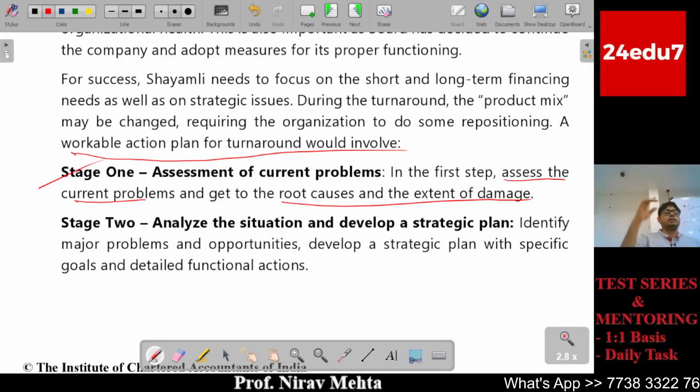How can you bring turnaround? First point: assessment of current problems. Assessment means your strong points, your weak points, how much you have completed of one particular subject, how much you have not done, how much coaching is needed, which concepts are lacking. Assess your current problems.